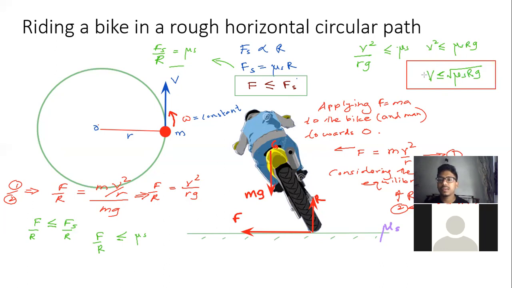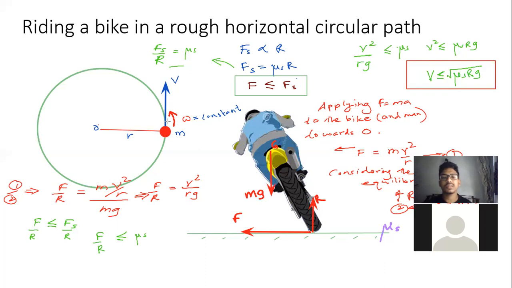If this v exceeds that particular value, what will happen is it breaks the equilibrium, I mean, it breaks from this circular motion. It will deviate, or it will fly off from circular motion.